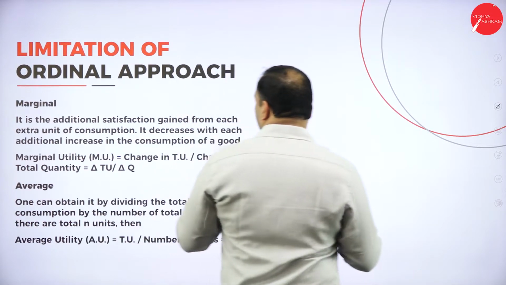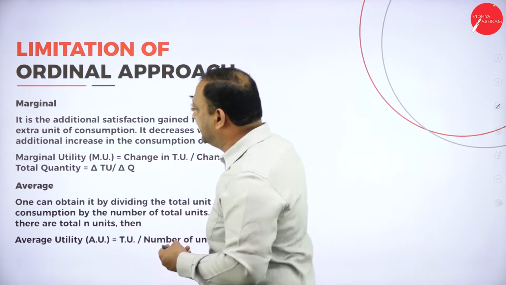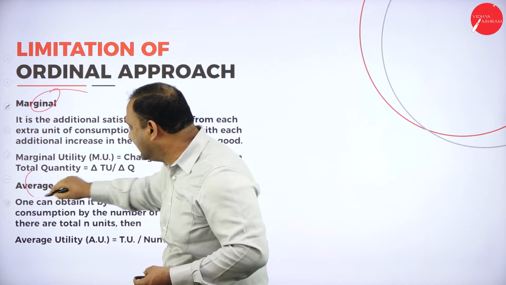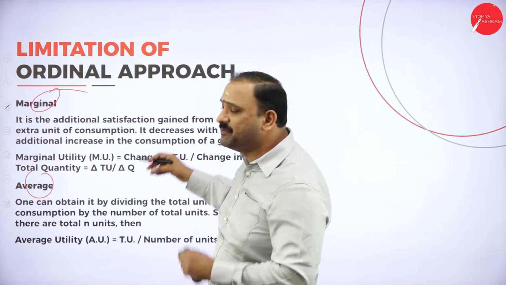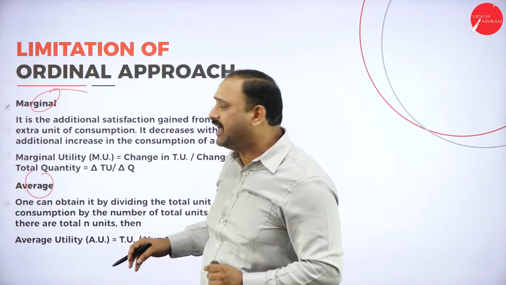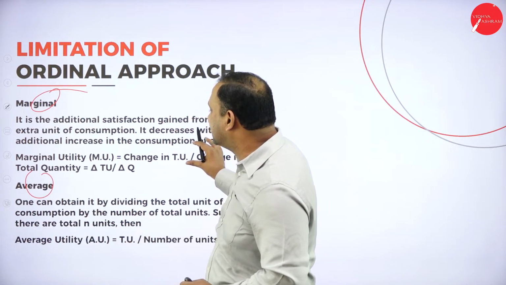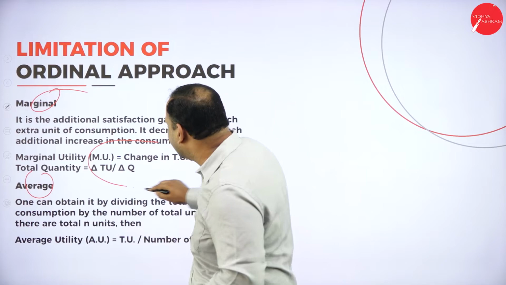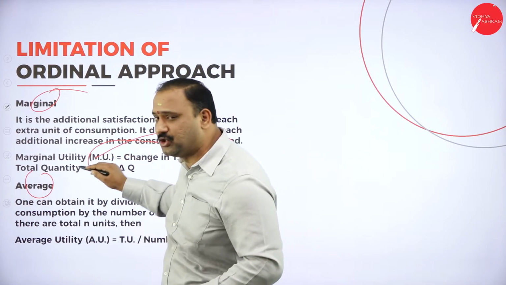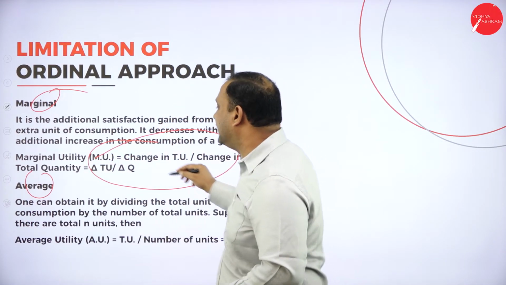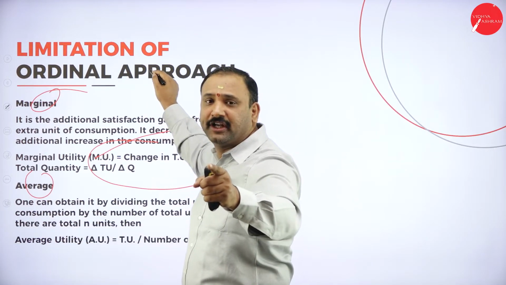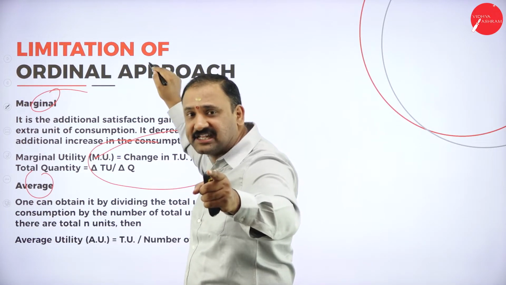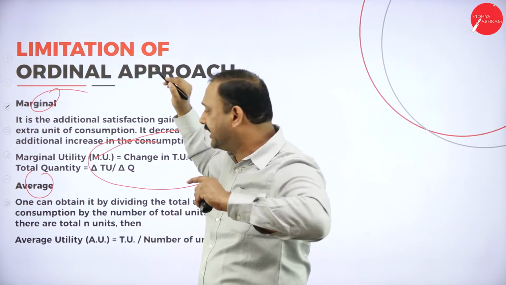Followed by, the limitation also comes in terms of the marginal value and average value. Now please look here, marginal is defined by one extra additional unit, but the marginal utility talks about the change in total utility divided by the change in the total quantity. This cannot be measured in the ordinal approach. So that's why I call it a limitation altogether.